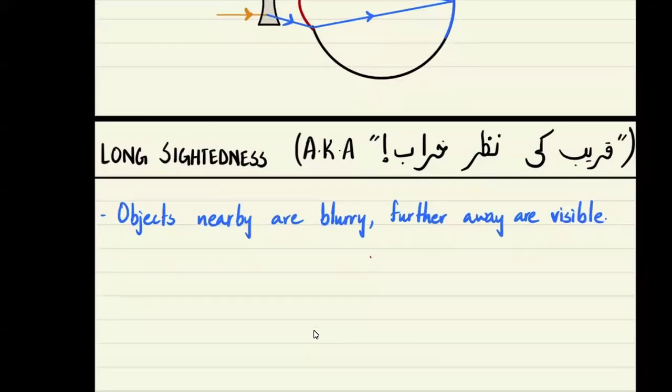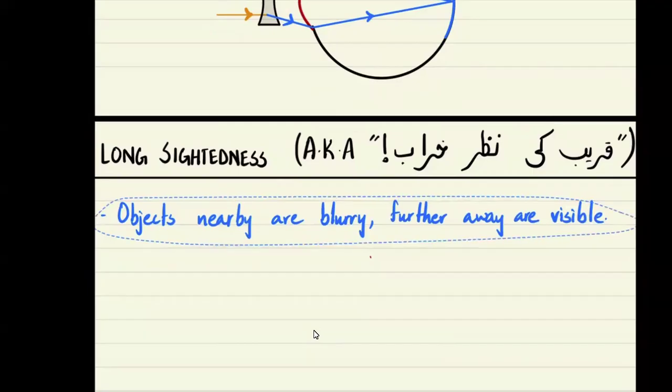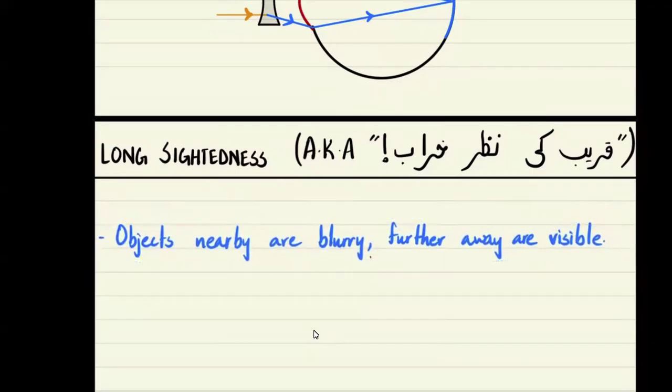With regards to how you remember this, it's the same way as you remembered short-sightedness. For long-sightedness, the image forms a long distance after the lens.